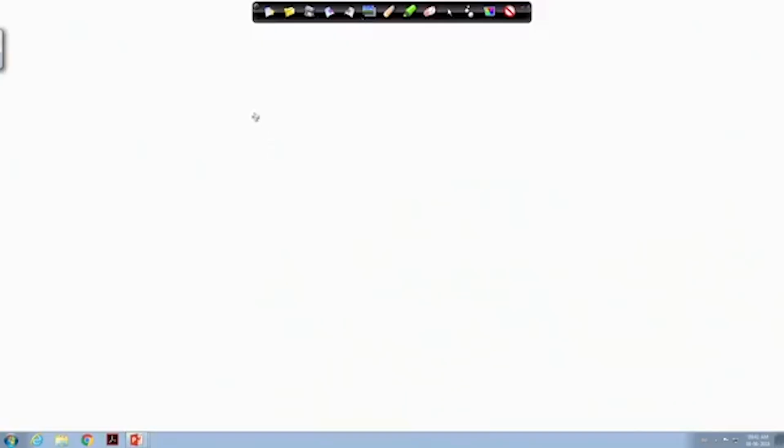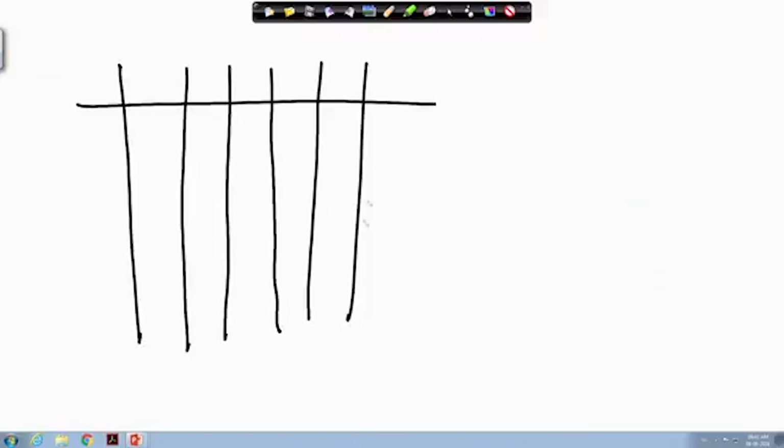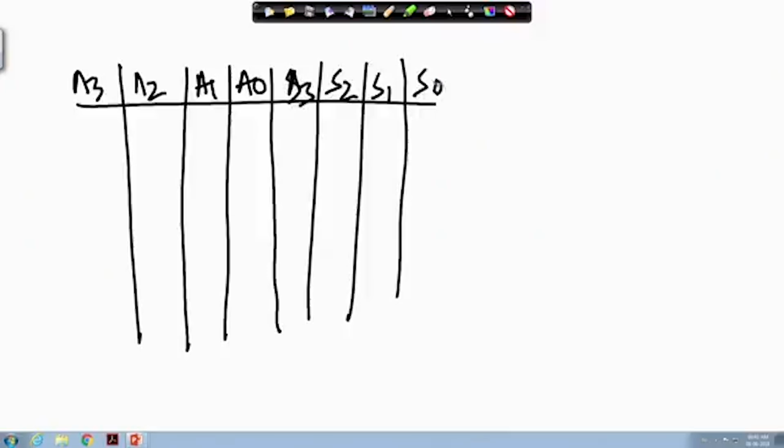So in the decrementer design, if I draw it, according to the 4-bit decrementer design, what will happen? On this side these will be the input variables, sorry, this is S3, S2, S1 and S0.